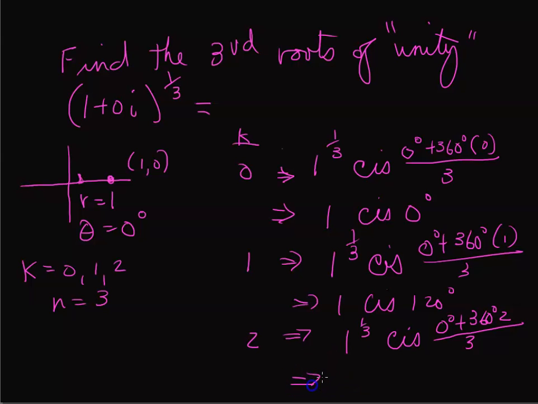We get 1 cis. The 360 times 2 is 720. Divided by 3 is 240. So this is the angle 240 degrees.